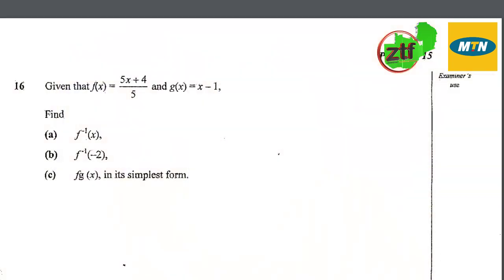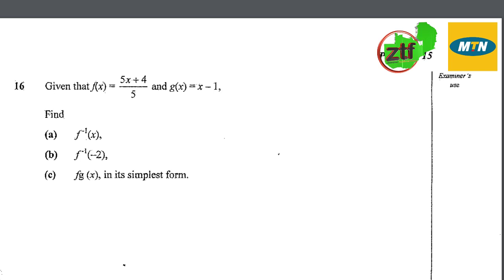All right, so we are still answering question number 16. We just finished looking at part A. Now let's look at part B. In part B, we are asked to find f inverse of negative 2.